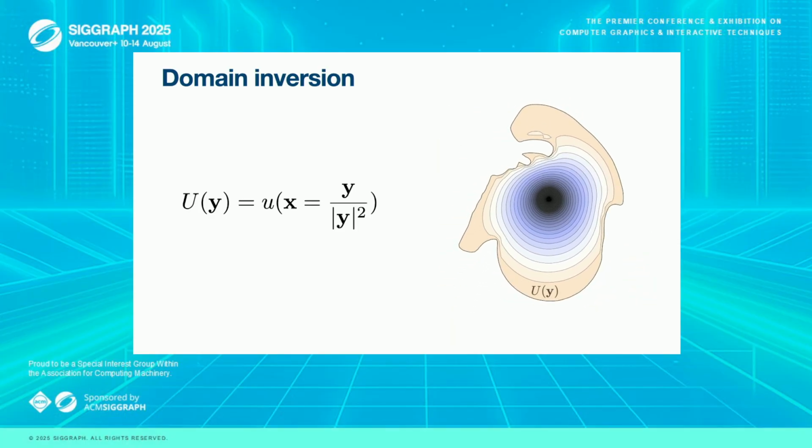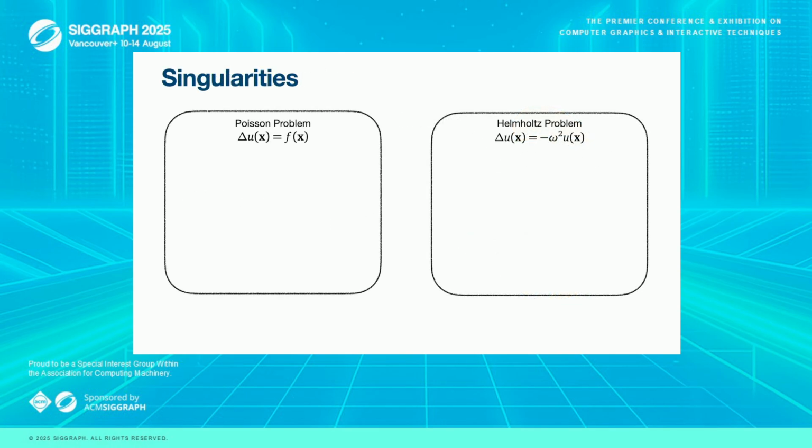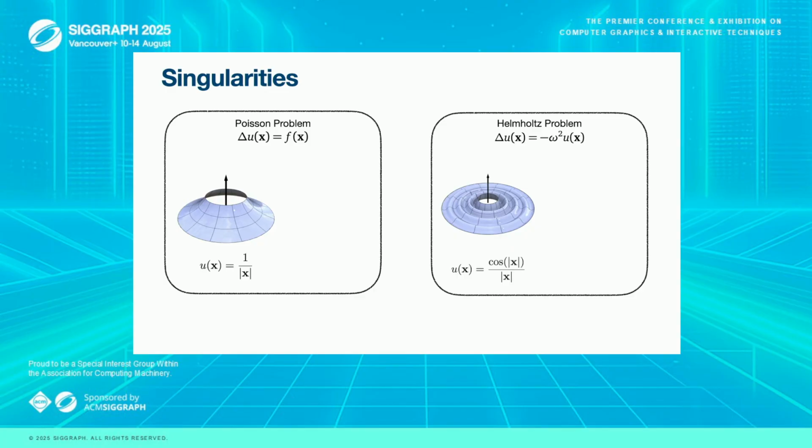However, this inversion comes at a significant price: a singularity point. This is going to cause problems when we're solving our PDEs, and we'd like to remove this singularity if possible. So consider two problems: the Poisson problem, which we've mainly been talking about, and also the Helmholtz PDE. It turns out that as they extend to infinity, the Poisson solution decays inversely with distance, and the Helmholtz case additionally has an oscillatory behavior.